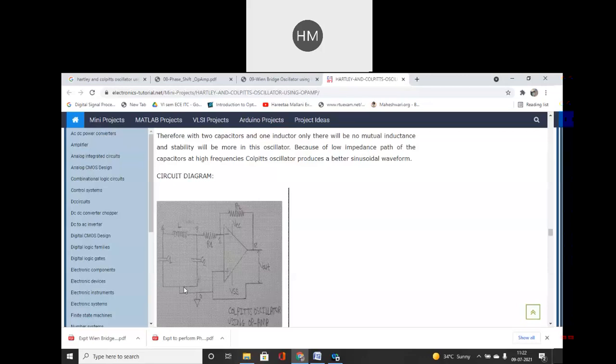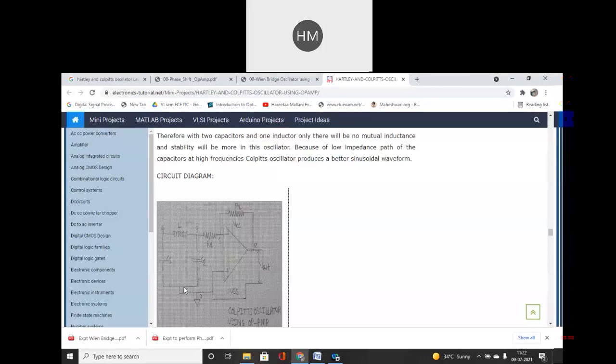So there will be no mutual inductance. See, the mutual inductance M effect occurs when we connect two inductors in series. So this provides much more stability as compared to the Hartley oscillator, because there is no mutual inductance effect and that won't affect the stability of the oscillation. See, what are the general disadvantages of using positive feedback oscillators? They provide more distortion at higher frequencies.